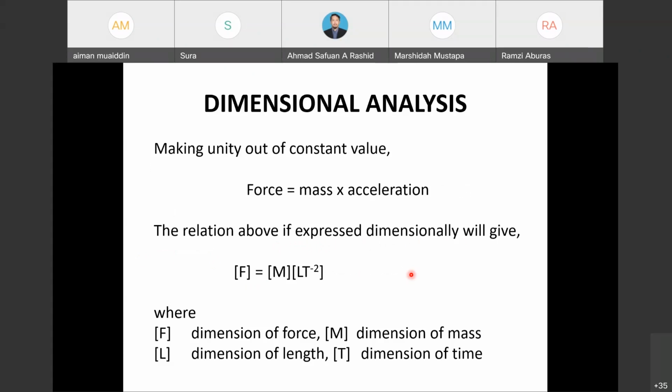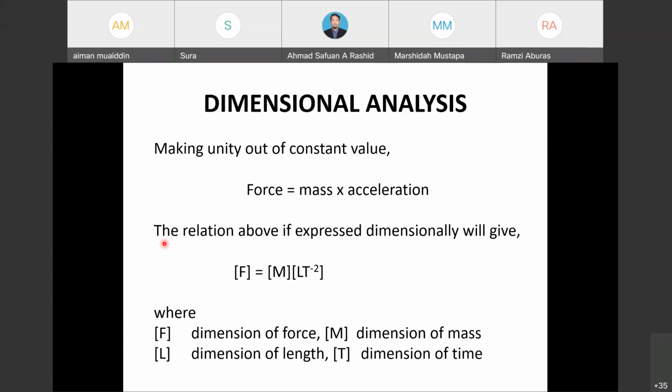In order to identify the primary dimensions, which are either FLT or MLT, we may use this force equal to mass times acceleration.